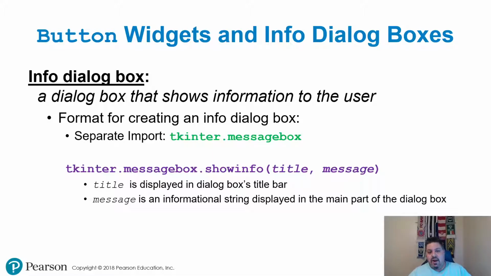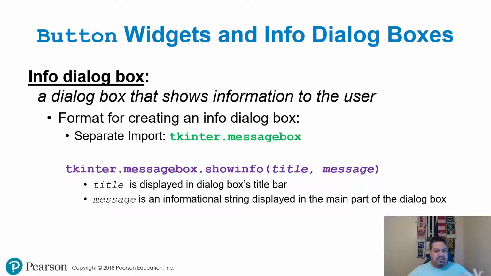If you've ever had a syntax error when you're trying to execute your Python code, and you get the box that pops up that says syntax error and OK and nothing else. And you sit there and you go, okay, whatever. You click OK, and then it highlights where your syntax error was in red or whatever color you have for your IDLE environment options. But that box that pops up that says OK is basically a dialog box or an info box. They're called a whole bunch of different things.